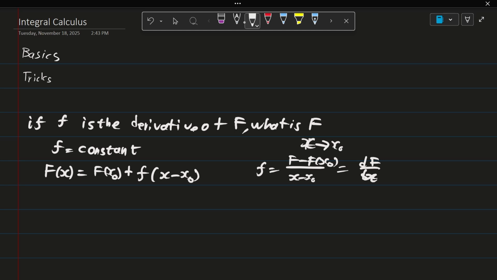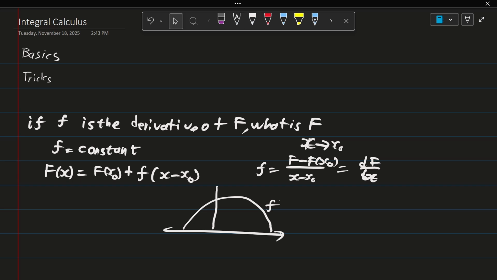But we could also ask the question, what exactly is an integral? Let's refer back to our equation here. We have F(x0) plus the small function f times (x minus x0). Let's refer to a graph in which we have a curve, something like this, and we'll call this the small f.